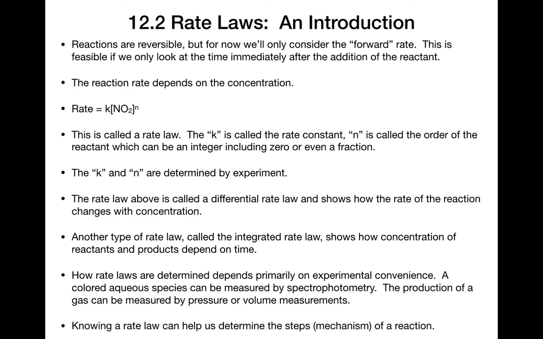Well, maybe those gases could be collected and their pressures or their volumes could be measured as a function of time. So that might be a better way to measure the rate law for a gas reaction, or a reaction that involves gases.